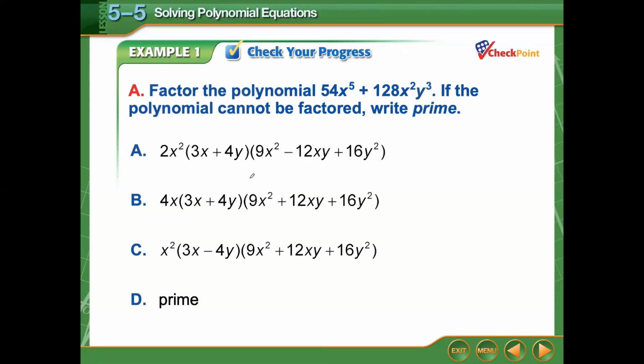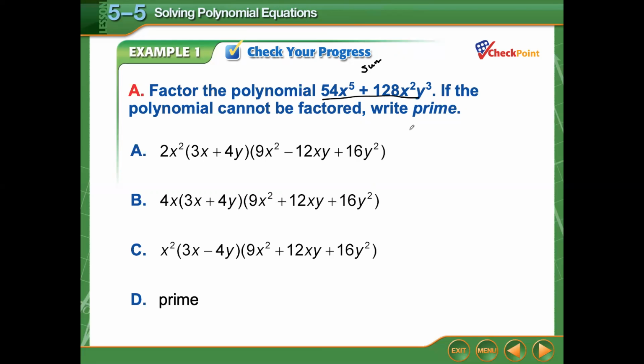All right, go ahead and try this, pause this video and try the problem. All right, so looking here, I know I'm going to use the pattern for a sum, and then we're going to see if these have any GCF.